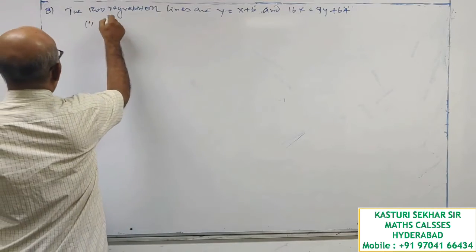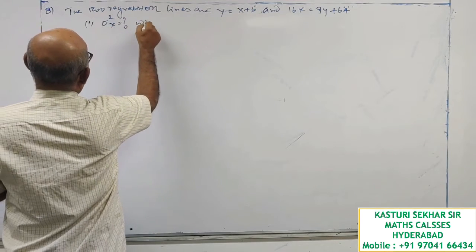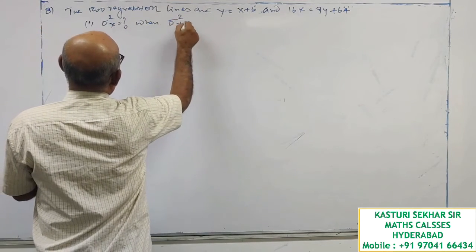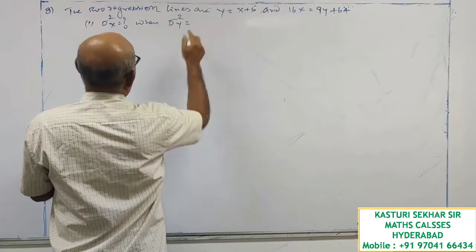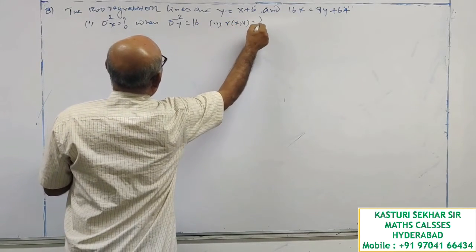First question: variance of x is equal to question mark when variance of y is equal to 16. Second question: r of x comma y is question mark.